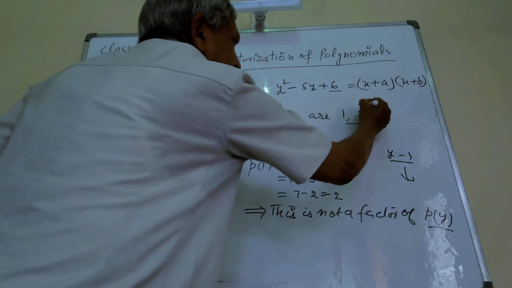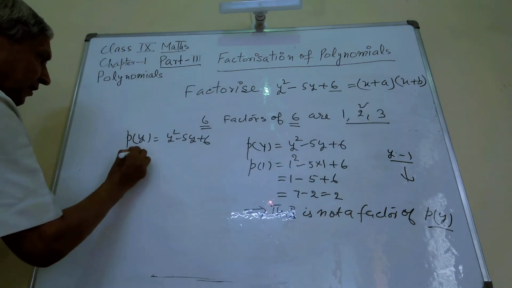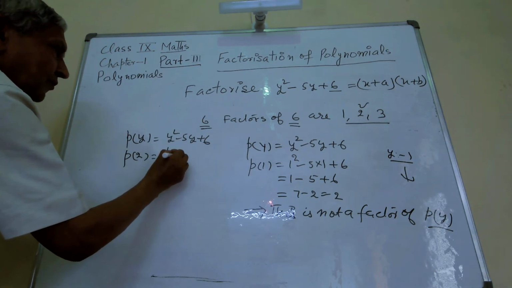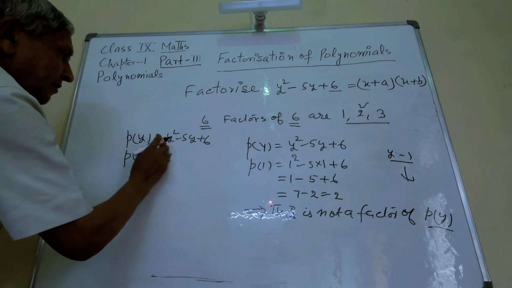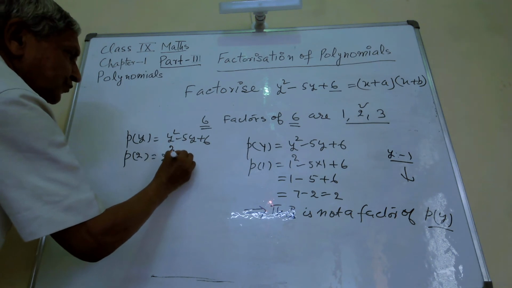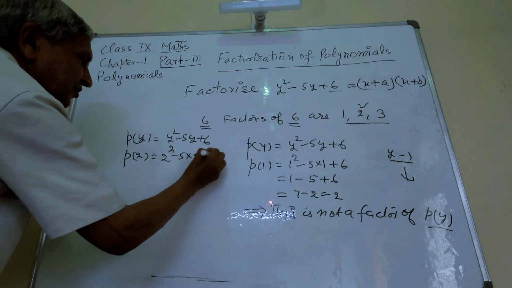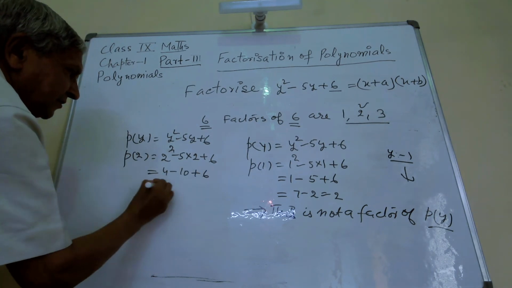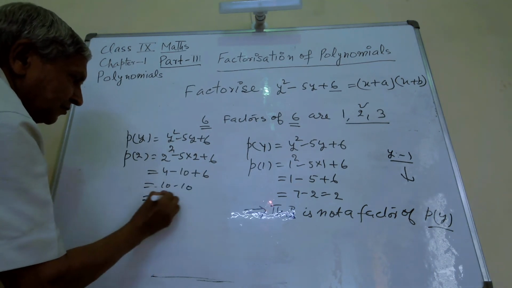Check the second, 2. P(2) is equal to 2 raised to the power 2 minus 5 into 2 plus 6. 4 minus 10 plus 6, which is equal to 0.